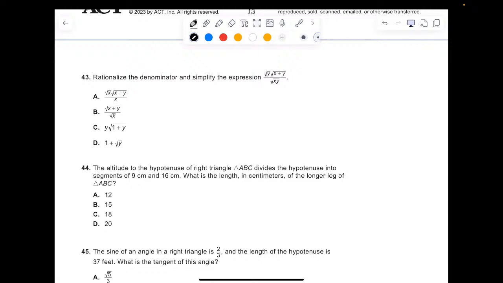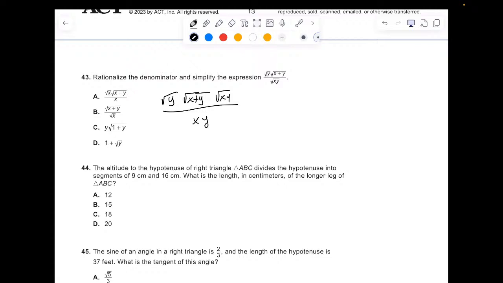Rationalize the denominator and simplify the expression. What? Oh. Root y, root xy, whoops, x plus y, root xy over xy. Okay.